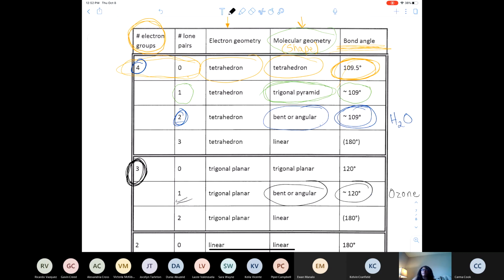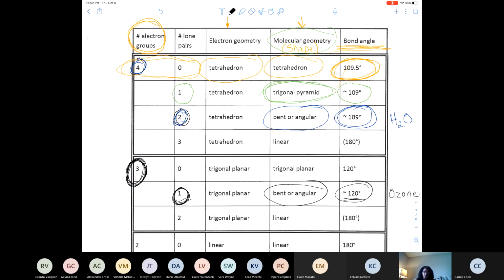Ozone's central atom is an oxygen. But the central oxygen atom of water has a total of 4 electron groups around it, 2 of which are lone pairs. But the ozone central oxygen atom only has 3 groups around it, and only 1 of them is a lone pair.